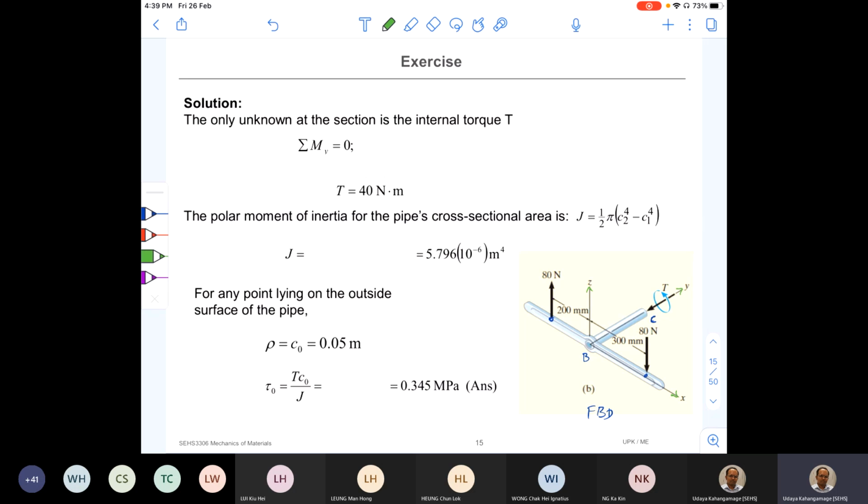Okay, right. So now I have just marked the internal torque T in the direction shown.